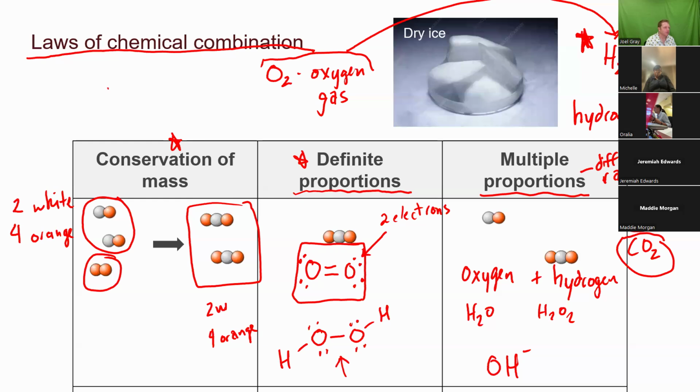This one does not. So H2O2 does not have oxygen gas. It's a different compound, a different substance with a different set of atoms present. So this is where it's easy to fall into a trap.